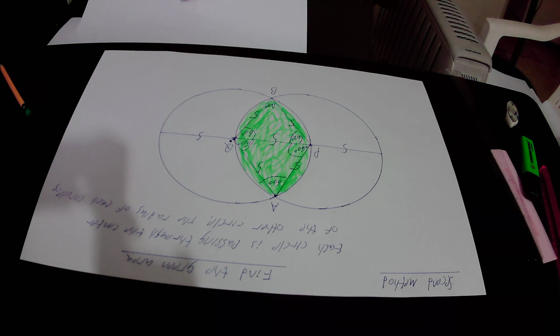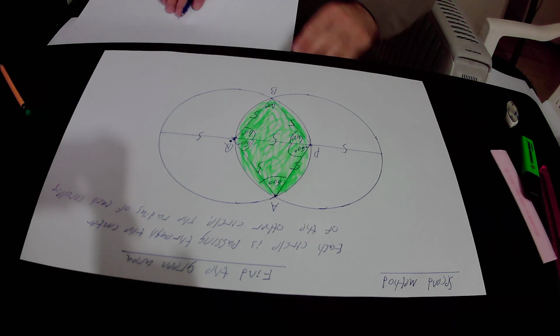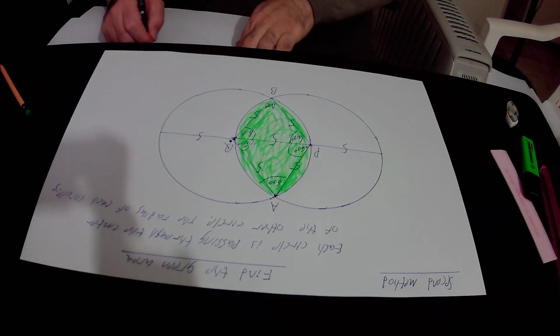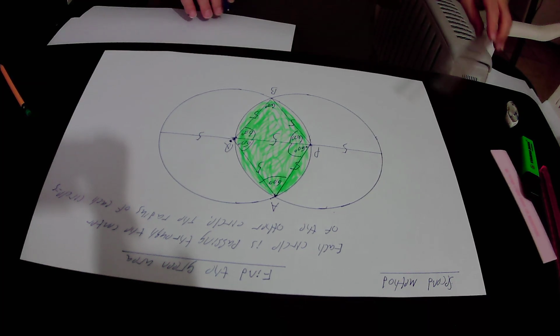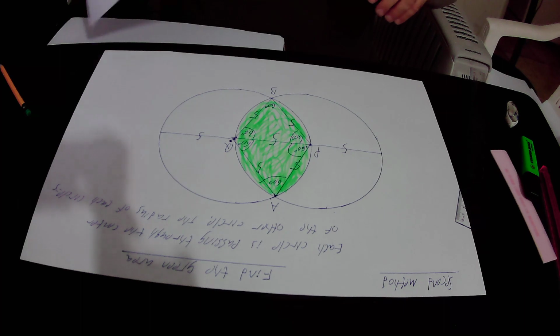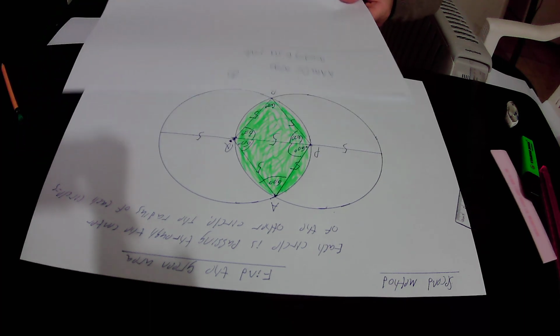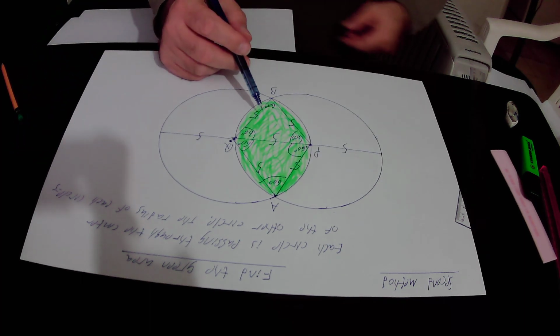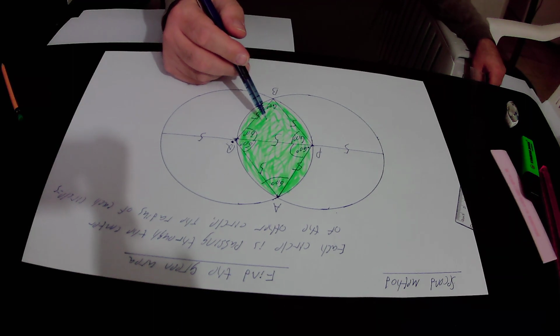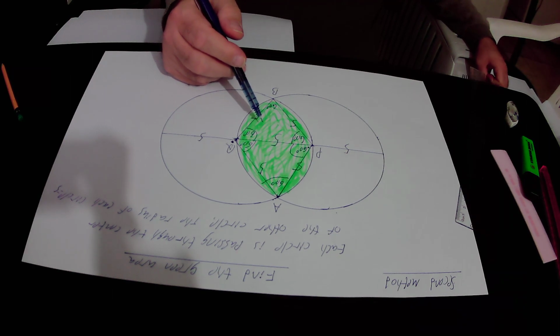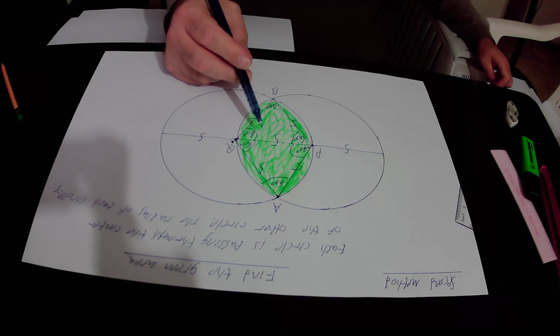So actually the green area is equal to the area of triangle APQ plus the area of triangle PBQ. They will have the same areas because they are congruent to each other.